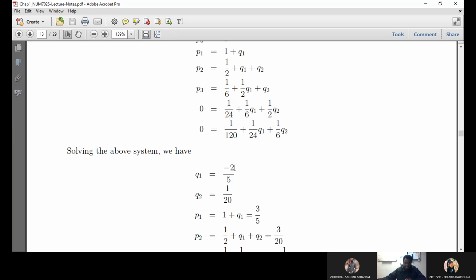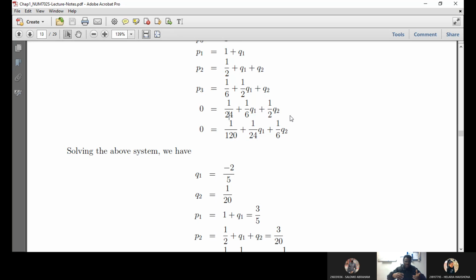Okay, now to illustrate, you can see that we first found here in our example Q1 and Q2, by just solving this. There are many methods. You can use Cramer's rule, you can use a substitution method, you can use Gauss elimination. Gauss elimination would be more efficient if you have a system in Q1, Q2, Q3 or above.